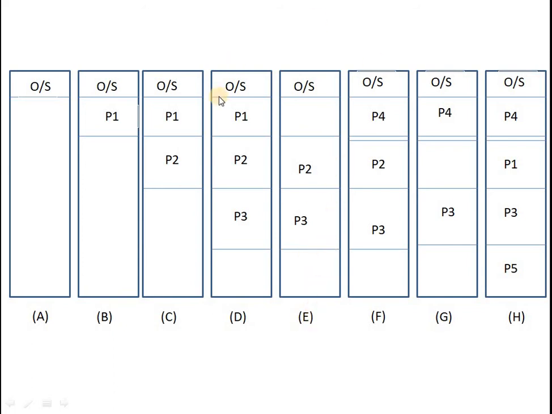In this figure, P1 is getting executed, but instantly P1 requires some I/O operations, so it is swapped out from the memory. So the partition equal to P1 becomes free.